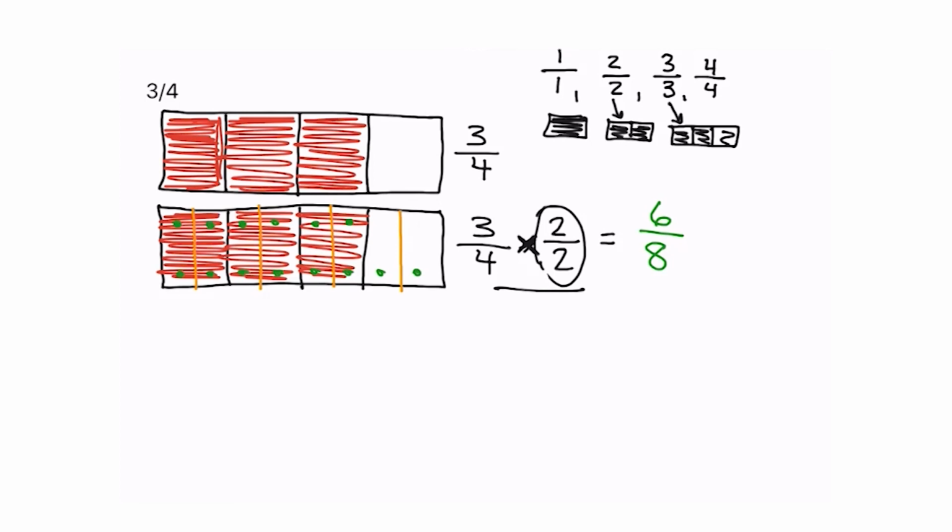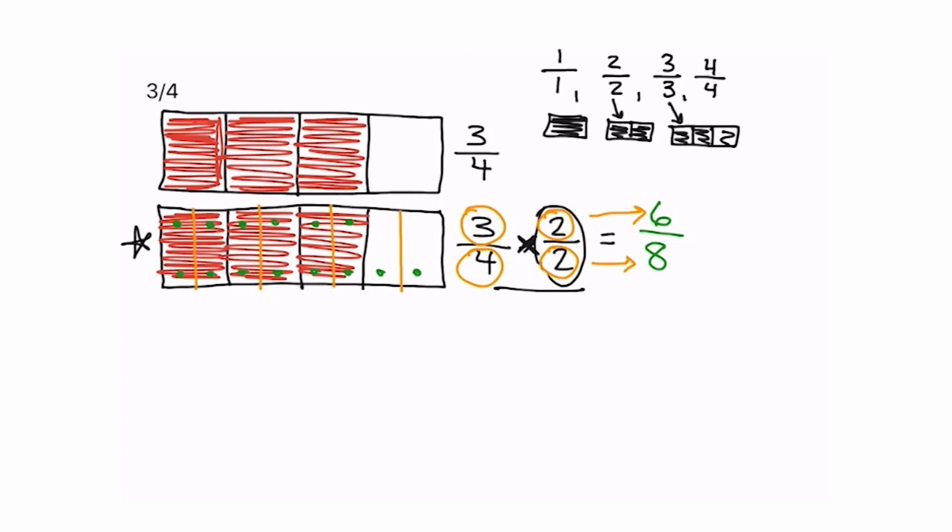So how this works is I can show a picture model like I did here, and I split everything up into halves, each section into another 2 pieces. But I can show it with mathematics with an equation. So if you look here, since I split it up into 2 pieces, I have 3 times 2, which equals 6, and I have 4 sections, which I split up into 2, which equals 8.